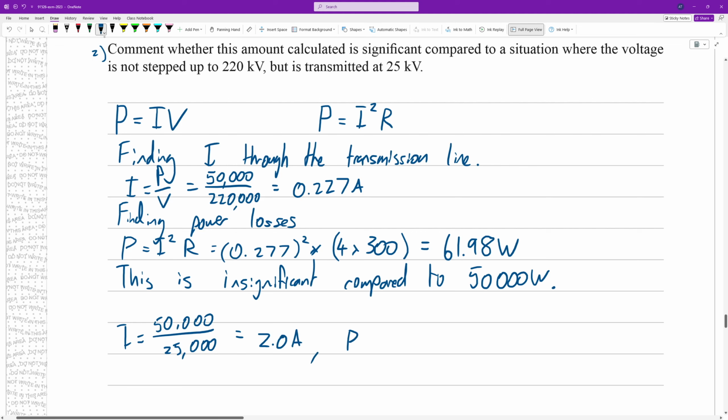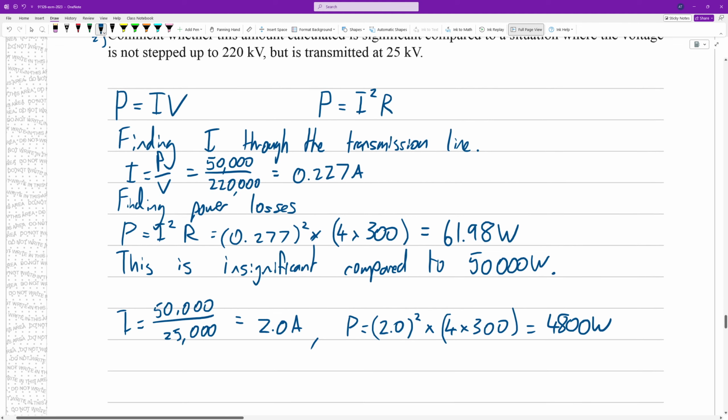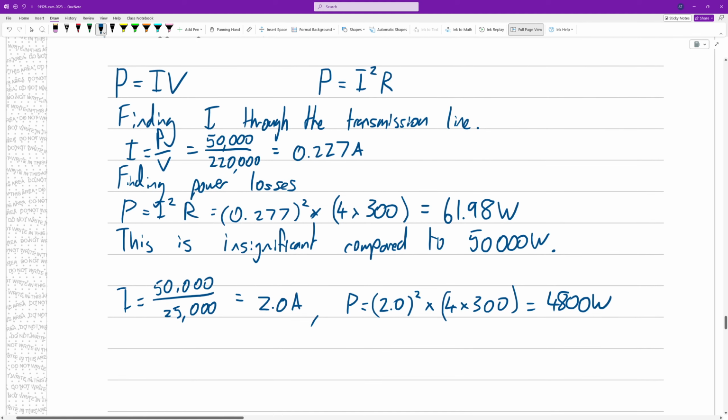And then the power loss is current squared times resistance. So what's that? 4 times 1200, 4800 watts. Now that's close to 10% of the 50,000, which is significant.